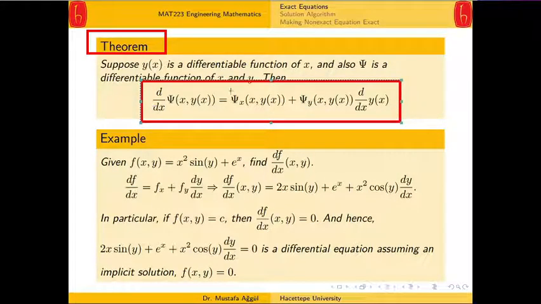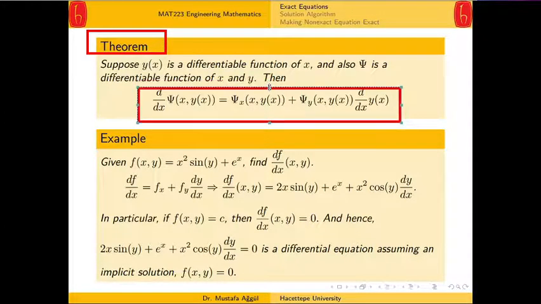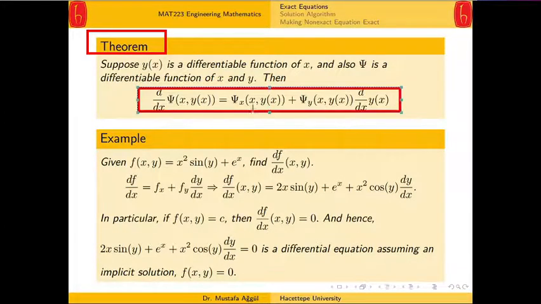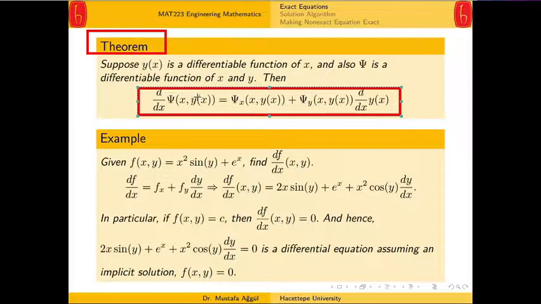So it is the x derivative of psi plus the y derivative of psi times the x derivative of y. So this is the derivative for a multivariable function of x and y. Okay, so this first theorem is presented like that.